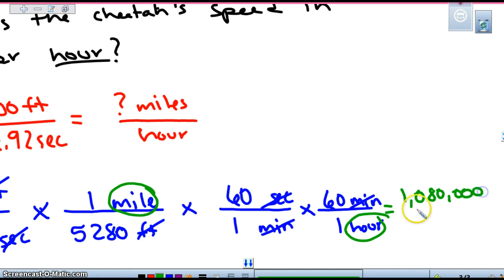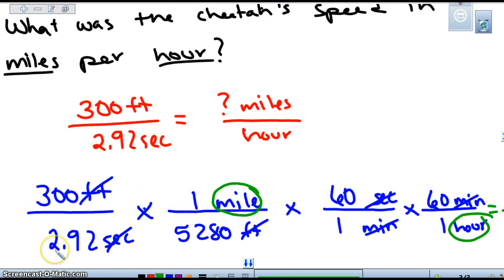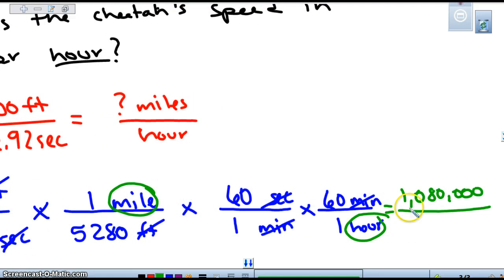which is 1,080,000. And we have to multiply our denominator, 2.92 times 5,280 times 1, which equals 15,417.6.